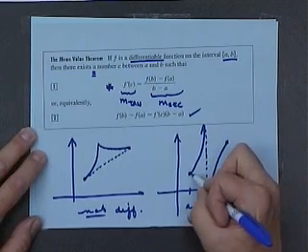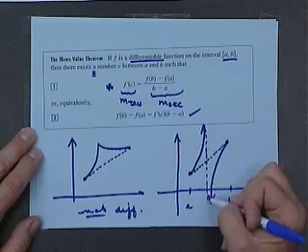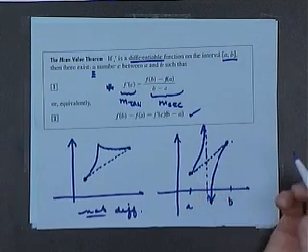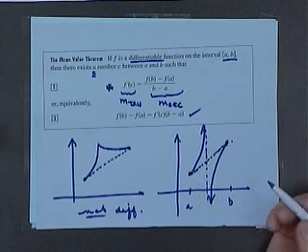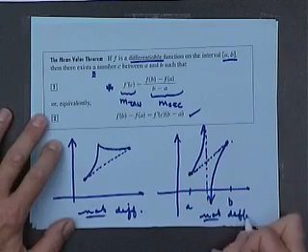Can you visualize any point on the two branches of this curve where the slope of the tangent would be the same as this? And in fact, there isn't one. There doesn't have to be one. The reason, because it's not differentiable.